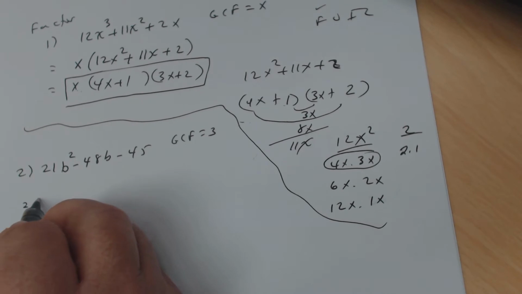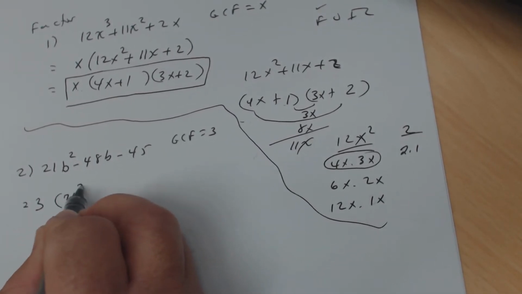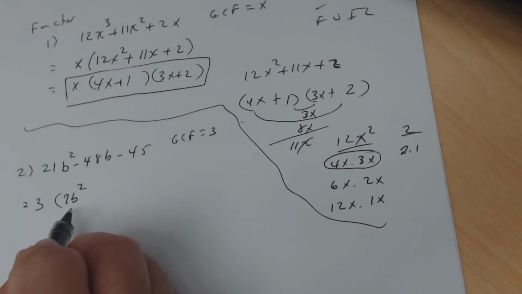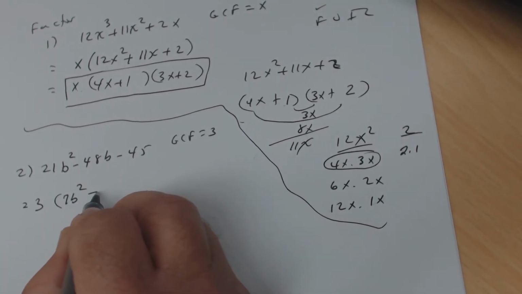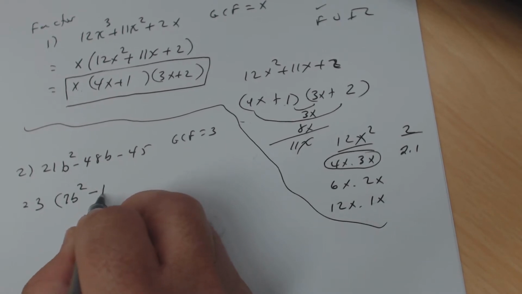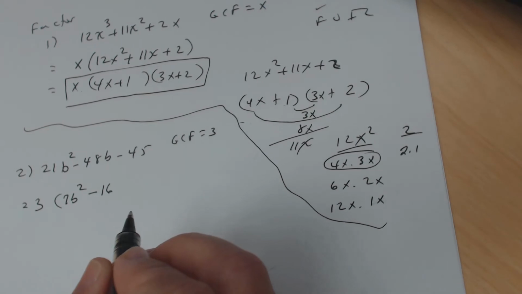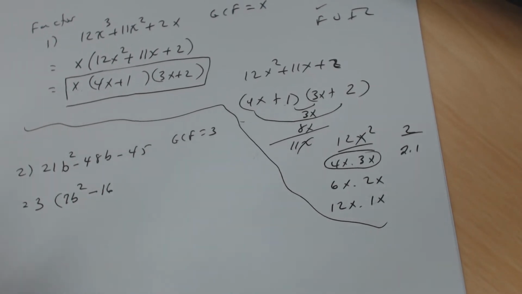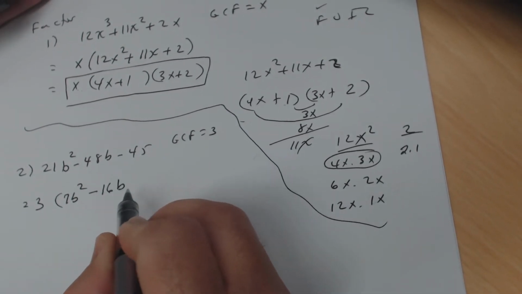And I'm going to get 3 times 7b squared, so 3 times 7b squared is 21b squared. Minus, let's see, 16. Always check yourself. Use your calculator if you have to. 48 divided by 3 is 16, but that's going to be 16b.